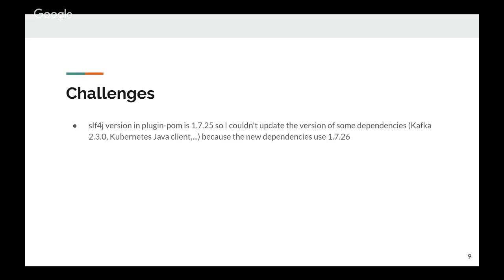And I don't know how to solve this because Oleg says that we cannot update the plugin POM to 1.7.26 because it will conflict with our Jenkins core version.